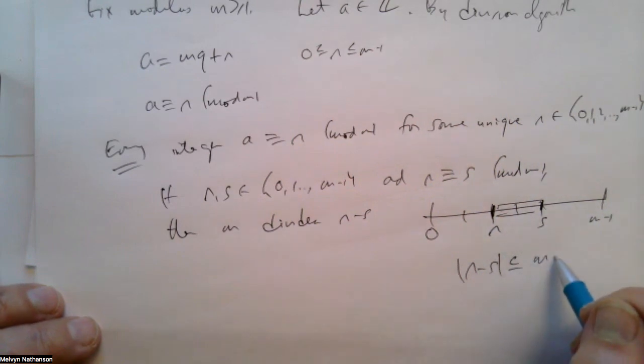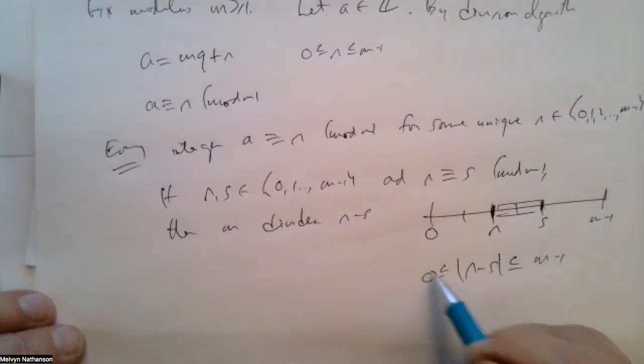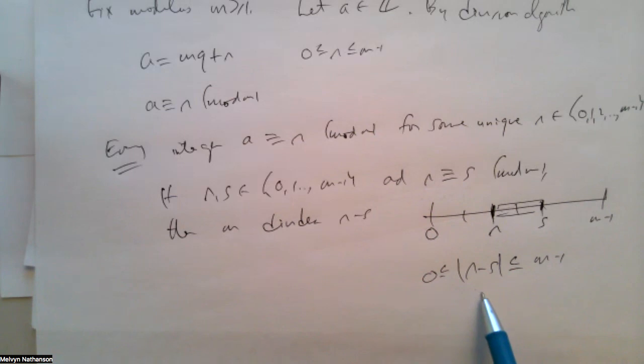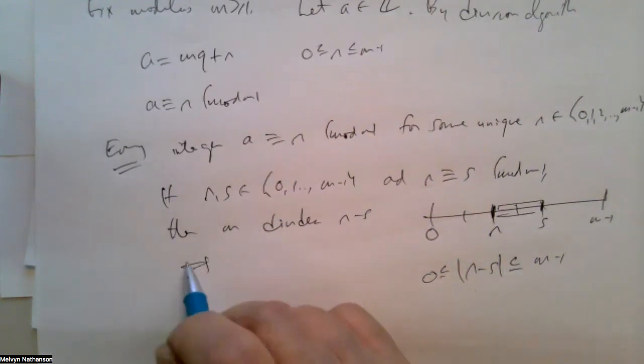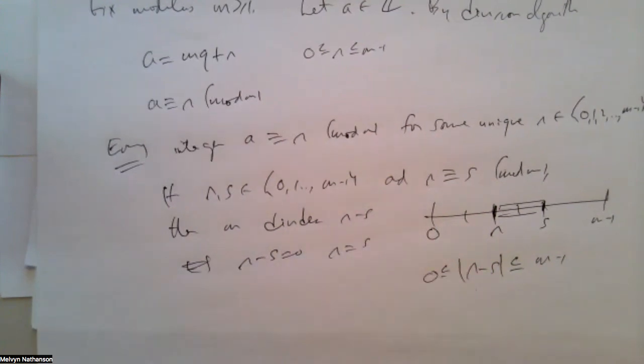At most, m minus 1. If this number is positive and less than m, it's not divisible by m. So the only way m can divide r minus s is if r minus s is 0, or r equals s. So the numbers between 0 and m minus 1 are not congruent to each other mod m. They're distinct.